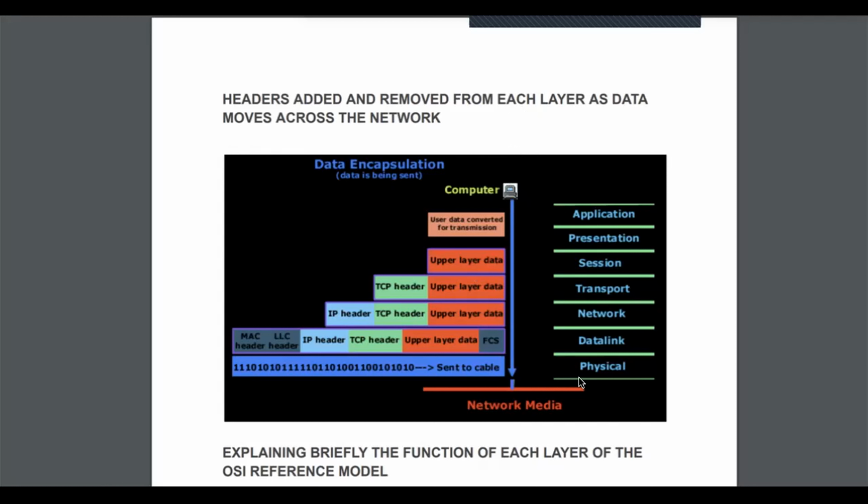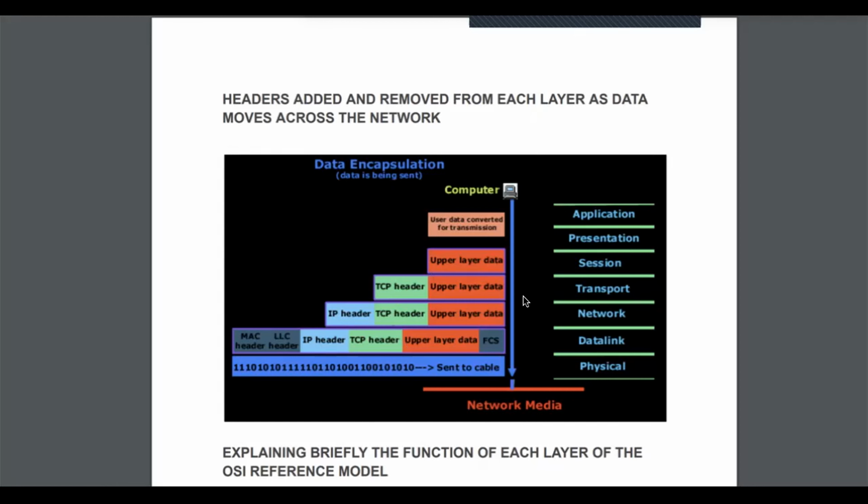But on the opposite side, when the data moves from the sender, which is top to bottom, to the receiver, bottom to the top, then there is a removal of each of these headers, until it gets to the final destination as well.